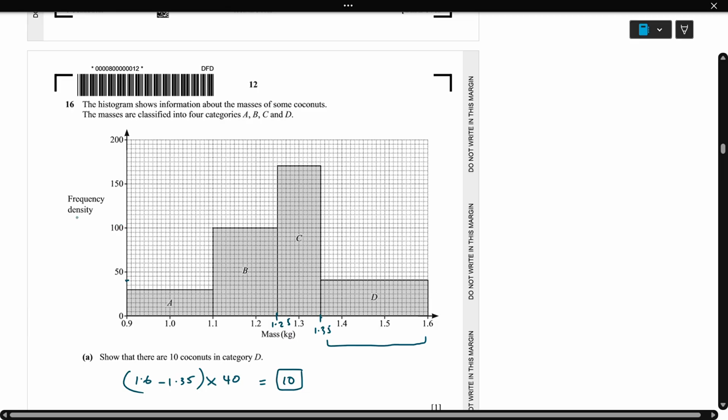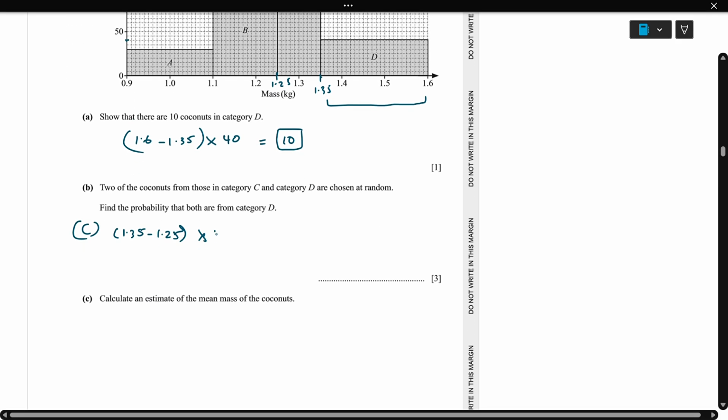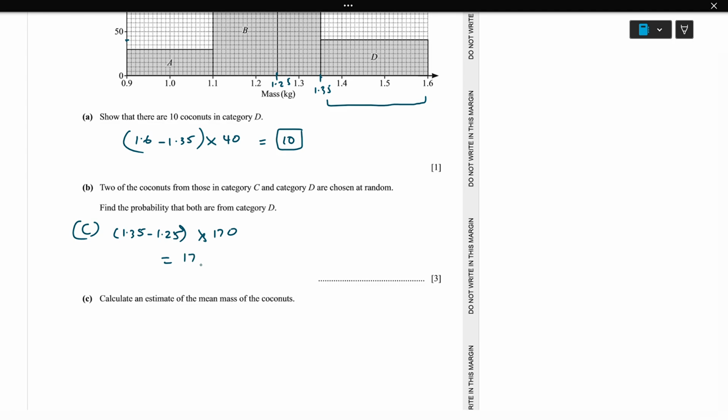The height is 150, 160, 170, which is going to be 17 coconuts total.